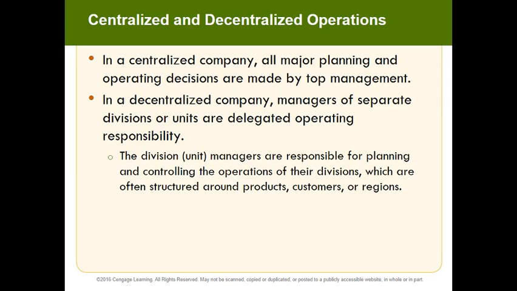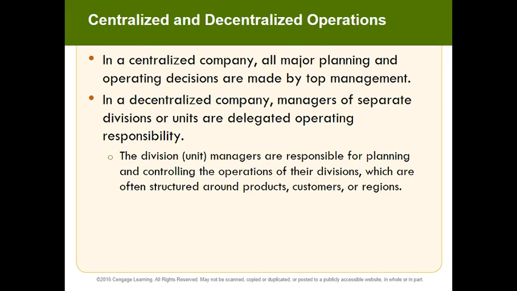Those division or unit managers are actually responsible for planning and controlling the operations of their divisions. This makes sense because they're the ones controlling the goods that come in, and they're the ones in touch with the employees. So, structuring around products, customers, or regions allows for a more intimate knowledge of operations.